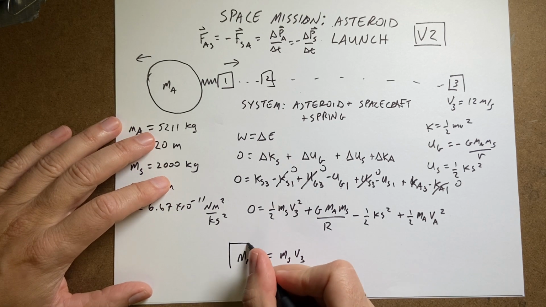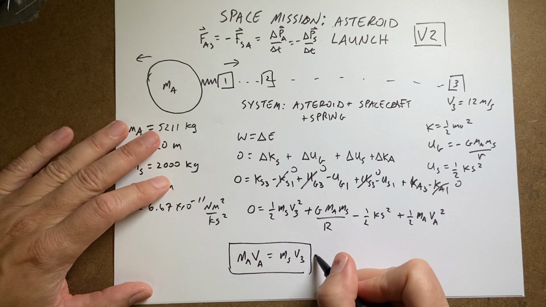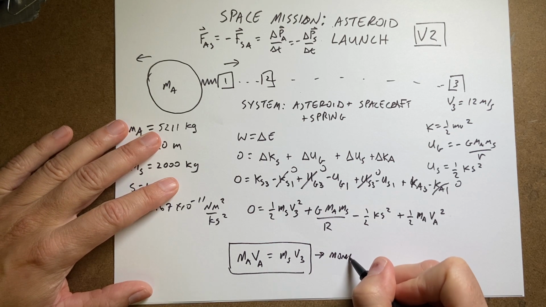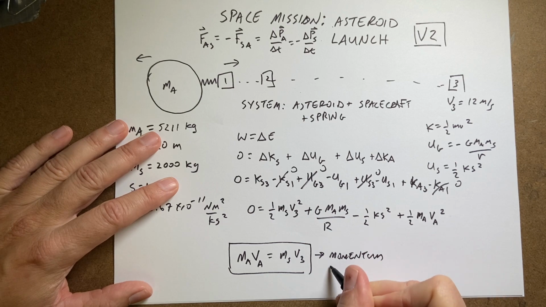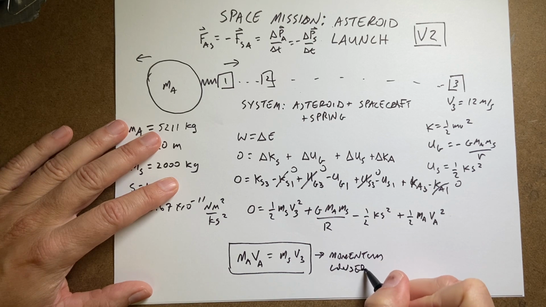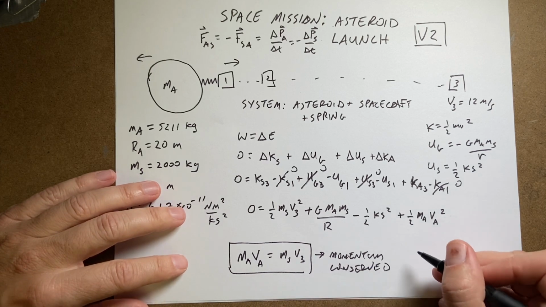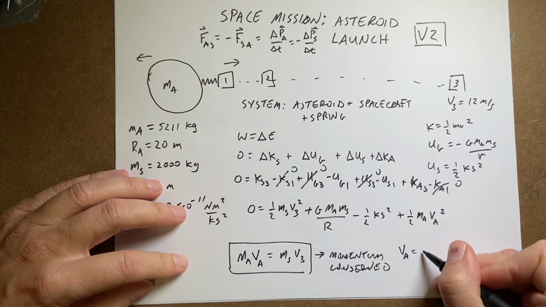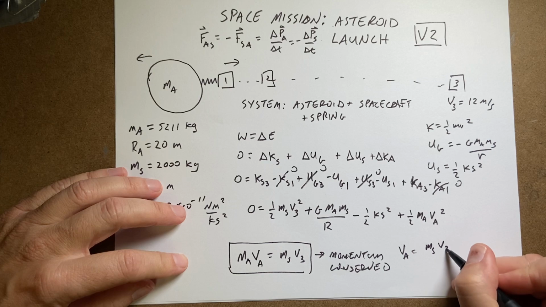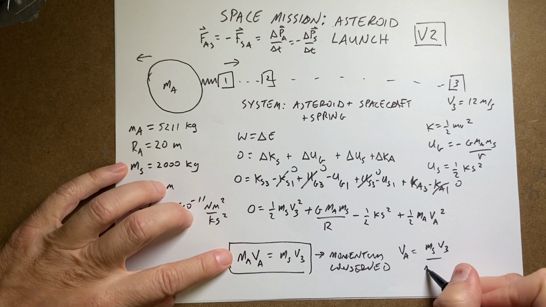This is conservation of momentum. Okay? So now I can solve this for VA. I know exactly what VA has to be. VA is going to be MS V3 over MA.